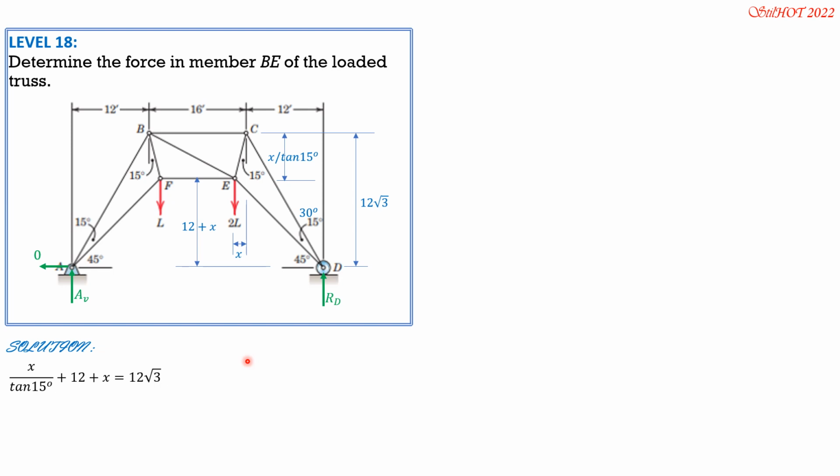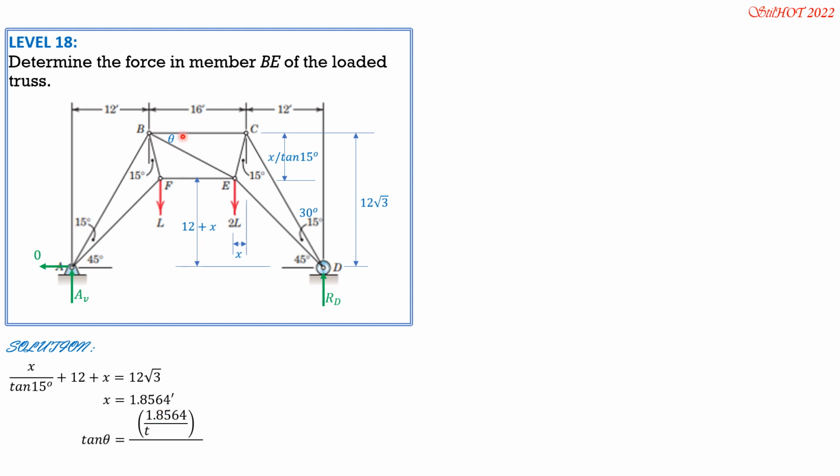Solving for x: 12 square root of 3 minus 12, divided by the quantity 1 over tangent 15 plus 1. So x is 1.8564 feet. Therefore, the horizontal distance of load L from A is 12 plus 1.8564.